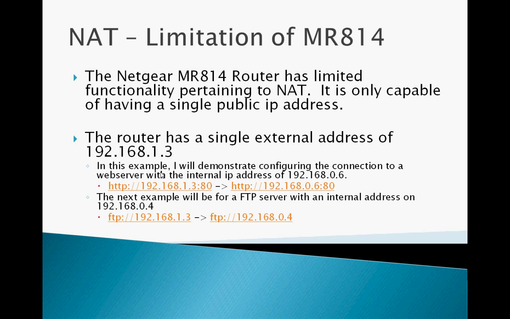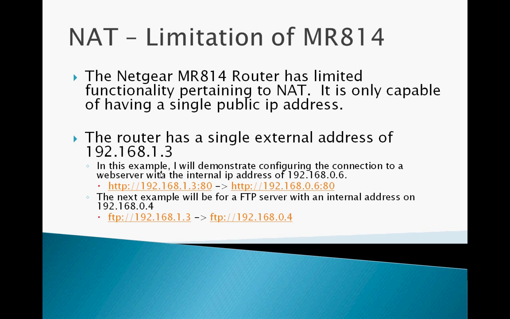There is a limitation of the MR814 in that it only has one public IP address. The router that we're using has a single external address of 192.168.1.3. In our network here, we're all running a completely private network. Therefore, that is not an internet accessible address. First, I'll be demonstrating the configuration of a web server with the internal IP address of 192.168.0.6.